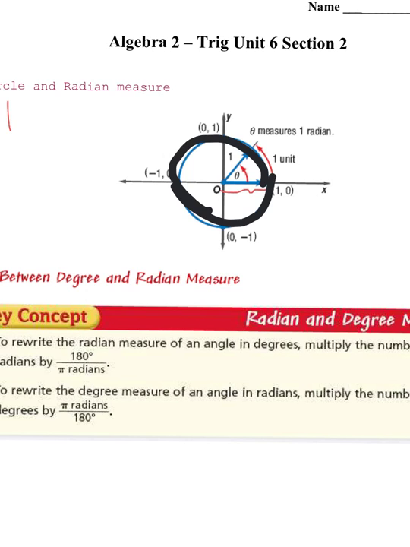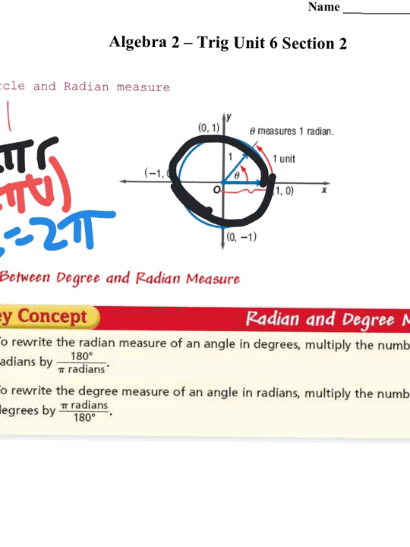Well, the length around a circle is the circumference, and you've had a formula that circumference is 2 times pi times r. Well, the circumference of the unit circle is 2 times pi times 1, or the circumference is equal to 2 pi.